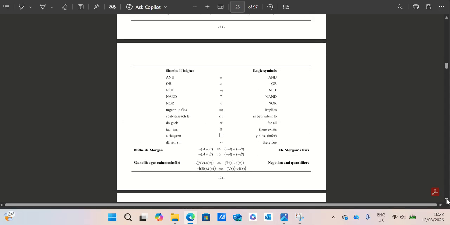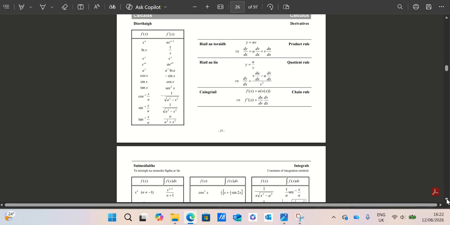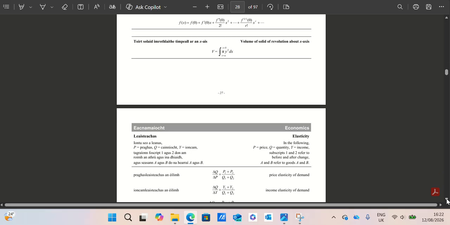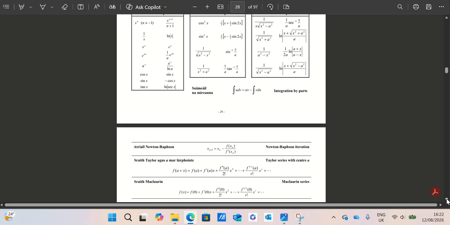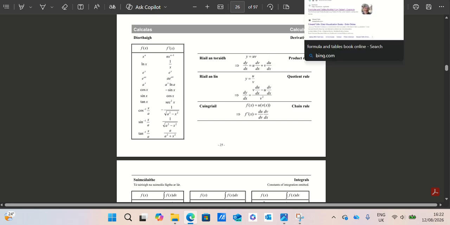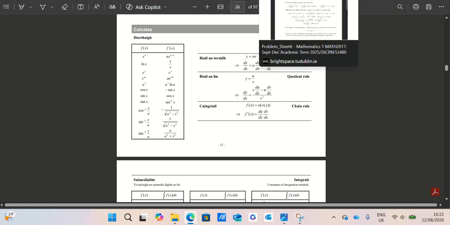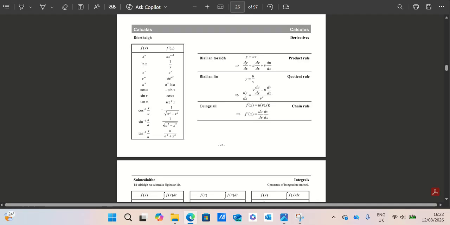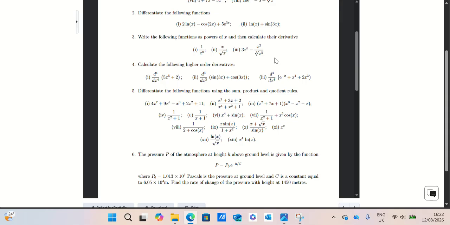No. Calculus, okay. This should have all the rules and everything I need. So I'm going to try work this out. Honestly, this here is very handy. Okay, so I'm just going to X out of this and come back here. Let's see what I have.